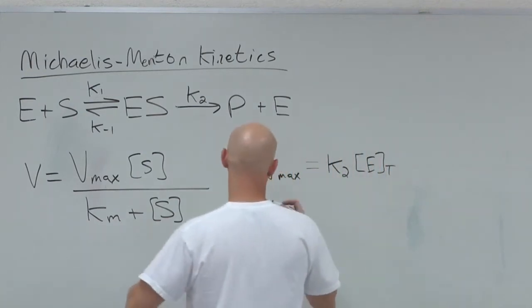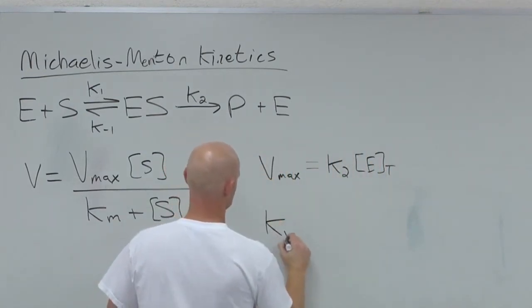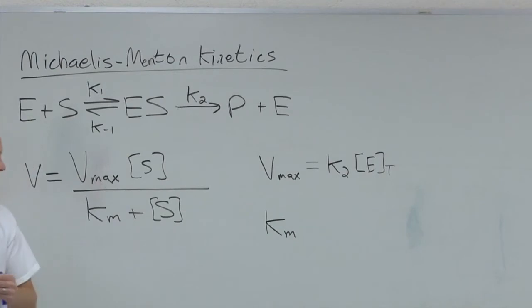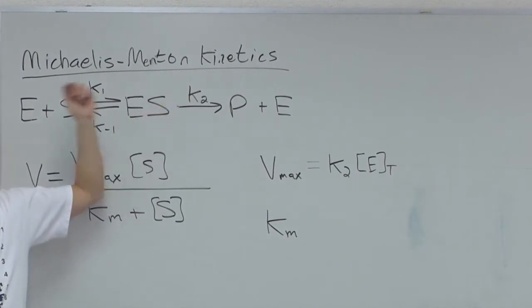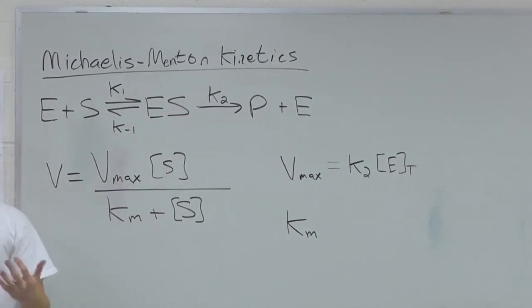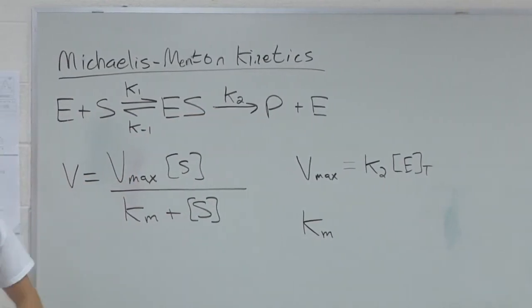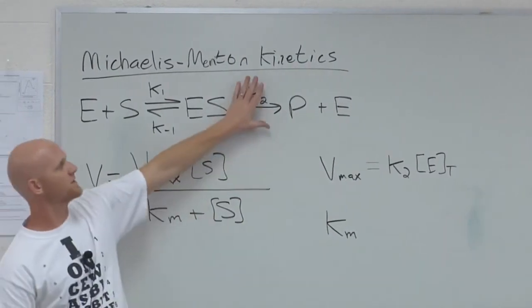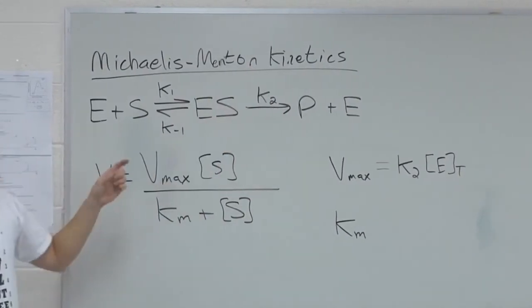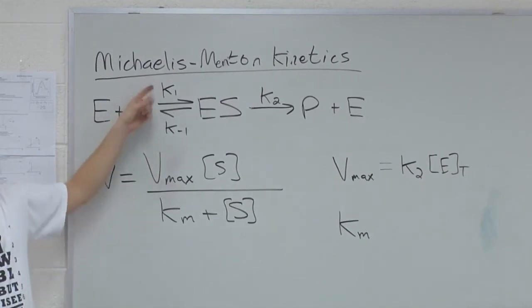Okay, Km. Now, it turns out if we actually looked at the derivation of Km, Km would be related to the constants K1, K minus 1, and K2. It would be related to all of them. Well, it turns out we just ignore the fact that it's related to K2, and we really just look at the relationship between K1 and K minus 1.